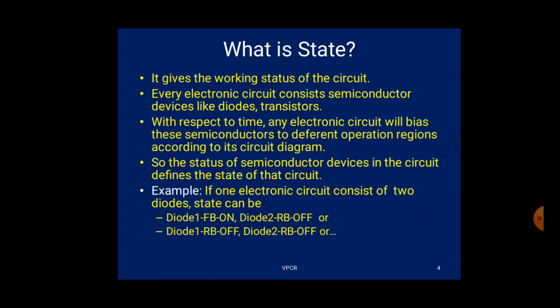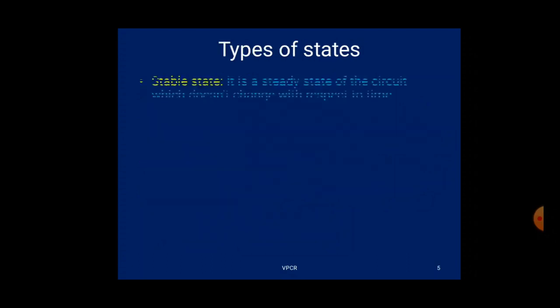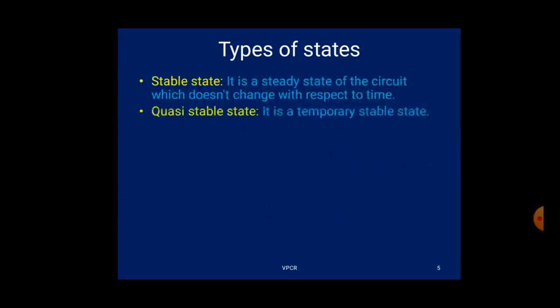Now, the types of states. There are two states: stable state and quasi stable state. A stable state is a steady state of the circuit which doesn't change with respect to time. Like the previous example, consider any electronic circuit with diodes, transistors and some passive elements.